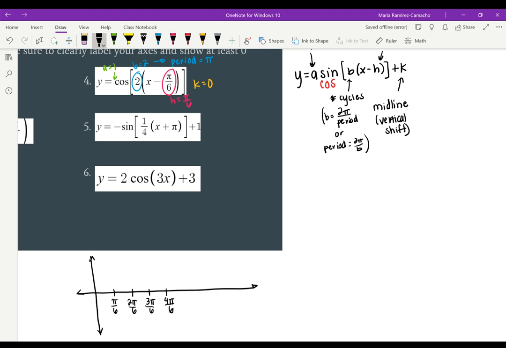And just like in problem number 2, some of these fractions can be reduced. 2 pi over 6 reduces to pi over 3. 3 pi over 6 reduces to pi over 2. 4 pi over 6 reduces to 2 pi over 3, and so on and so forth.